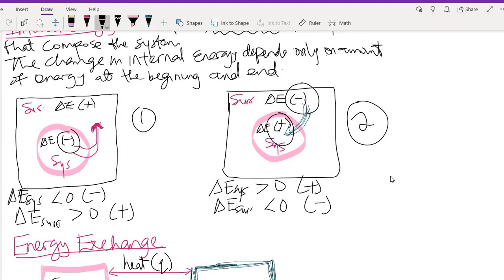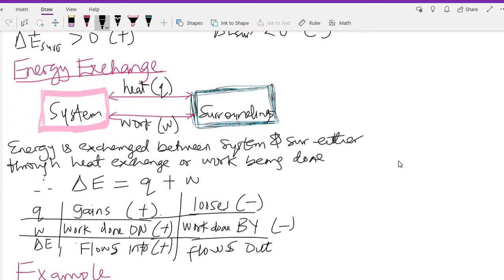Like we said, the exchange of energy that we're going to be looking at is between the system and the surroundings. The main forms of energy exchange between the system and the surroundings that we look at here are in the form of heat and work.